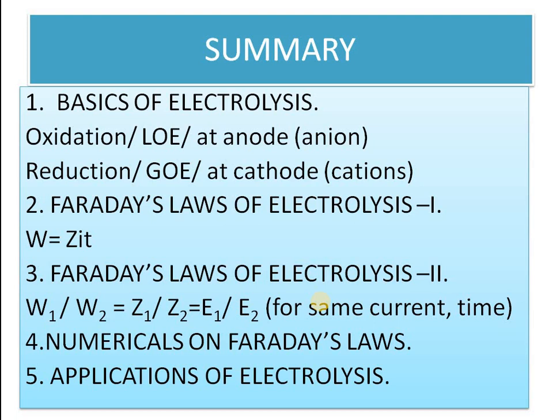W is equal to ZIT. Z is the electrochemical equivalent, that is equal to E by 96500 coulomb. I is current, T is time in seconds. W is the mass deposited at the cathode or gas liberated at the anode. Faraday's second law of electrolysis: W1 by W2 is equal to Z1 by Z2, also equal to E1 by E2 if time and current are the same, or charge is the same.